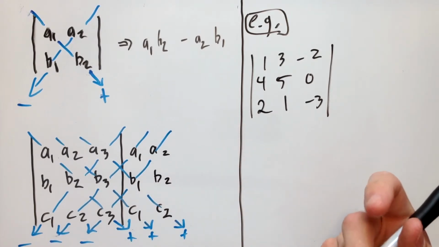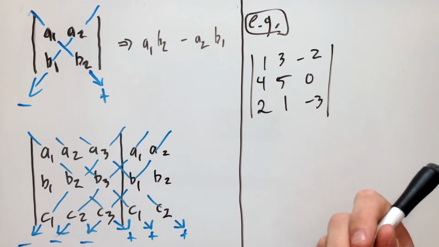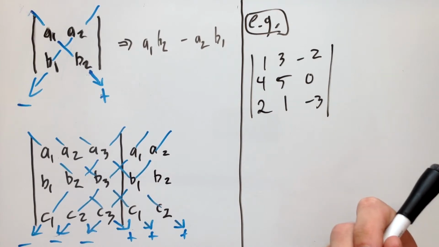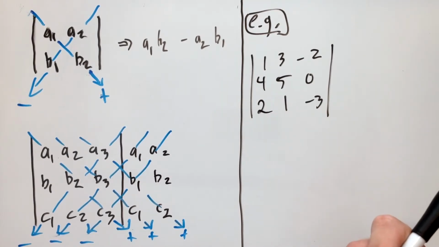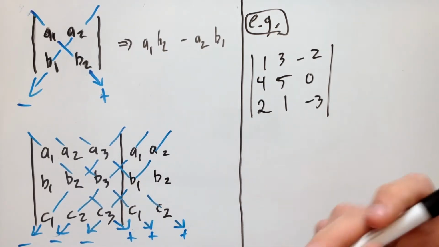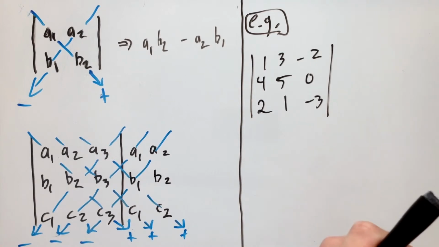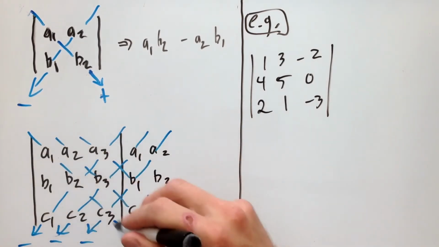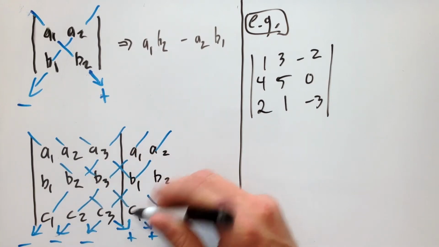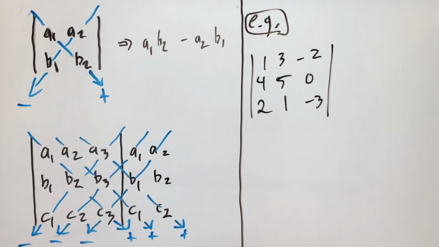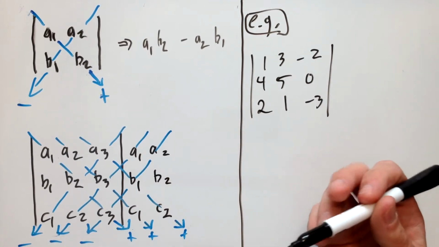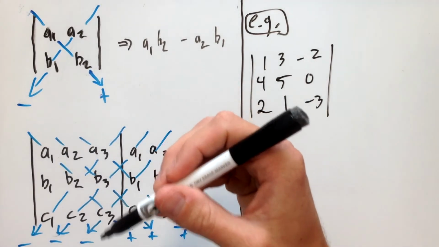For the 3 by 3 determinant, it's not so nice, but there is a nice diagrammatic way that could be another nice way for you to try to evaluate this. You might prefer this over the iterative definition in terms of the 2 by 2 minor determinants. So it looks like this. What we do is we draw our 3 by 3 determinant, and then you copy the first 2 columns off to the right. Then we do the following. The 3 by 3 determinant will be the following.